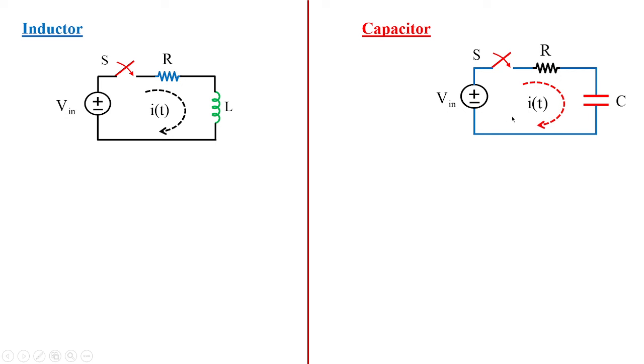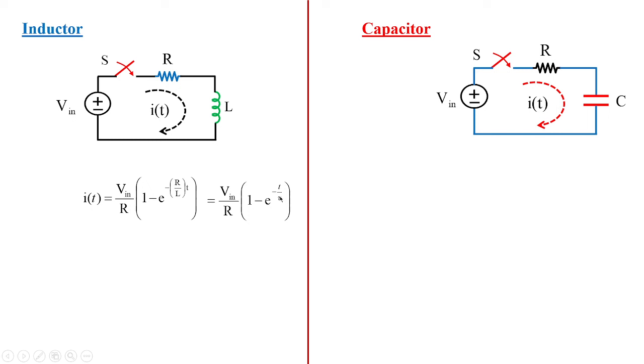And the same arrangement when it is replaced by a capacitor in series with a resistor in series with a switch with a source, then the current through the inductor, or through the circuit, is given by V input by resistance R times 1 minus e to the power of minus R by L t, or this is also written as V by R times 1 minus e to the power of minus t by tau.